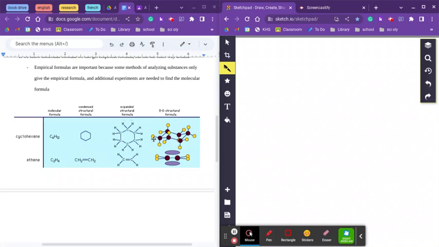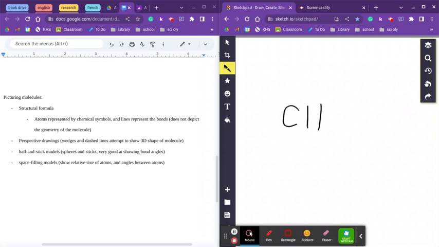It has a very different structure, a different look to it than ethene. It's bigger, while ethene here is smaller and has a different structure. But both of them have the empirical formula of CH2. There are so many chemicals that have the same empirical formula that are completely different, and that's why it's important to differentiate between the two.